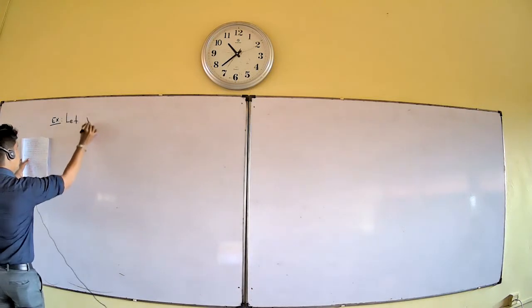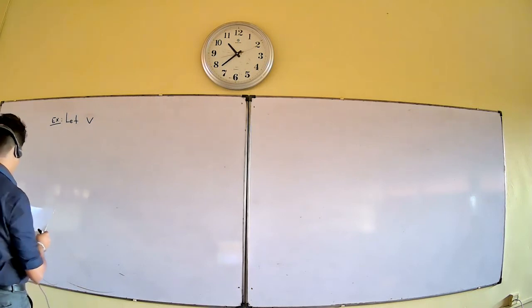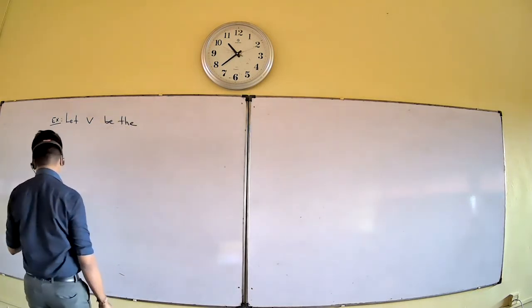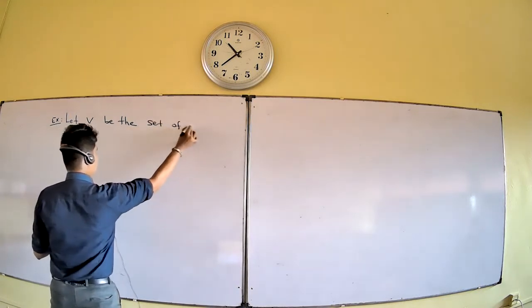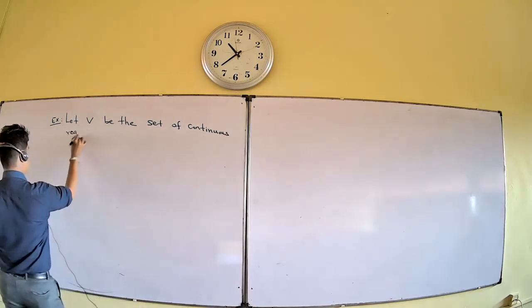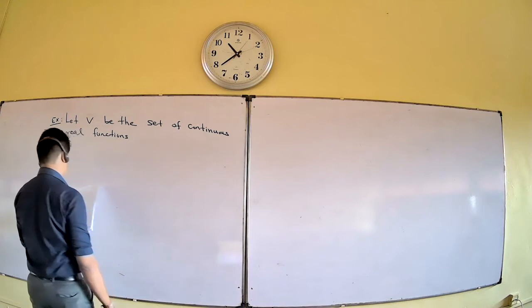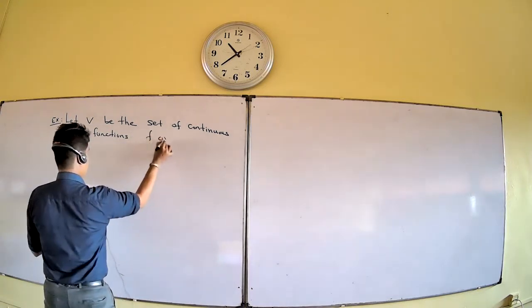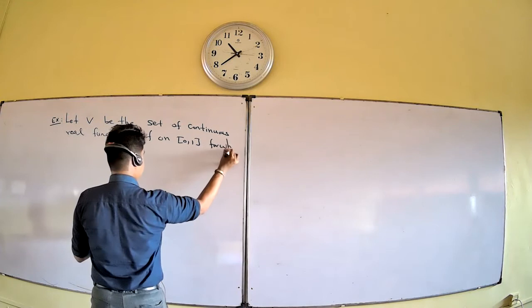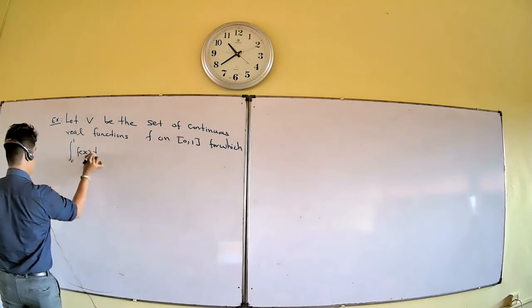Let B be the set of continuous real functions f on [0,1] for which the integral from 0 to 1 of f(x) dx equals 0.